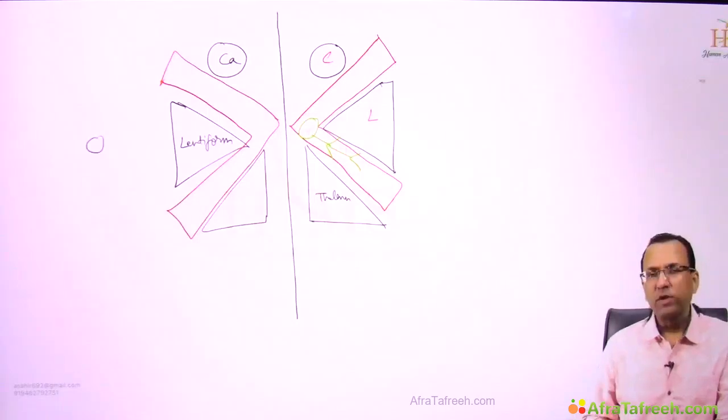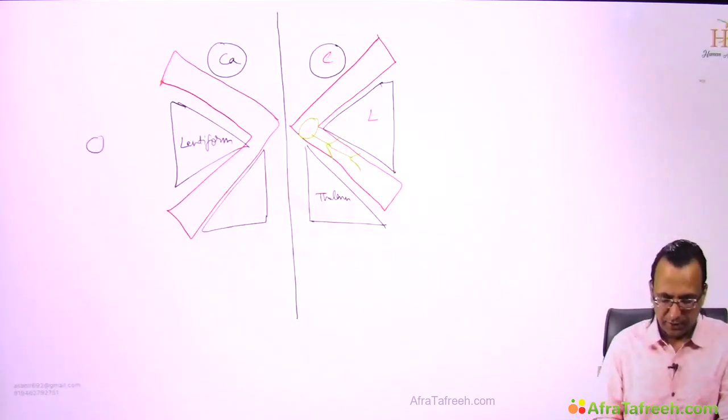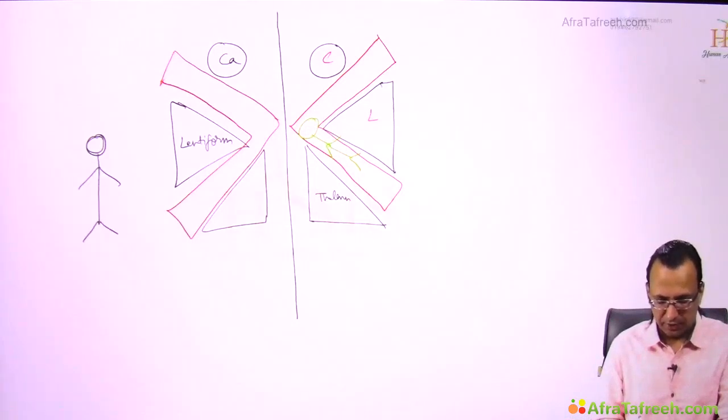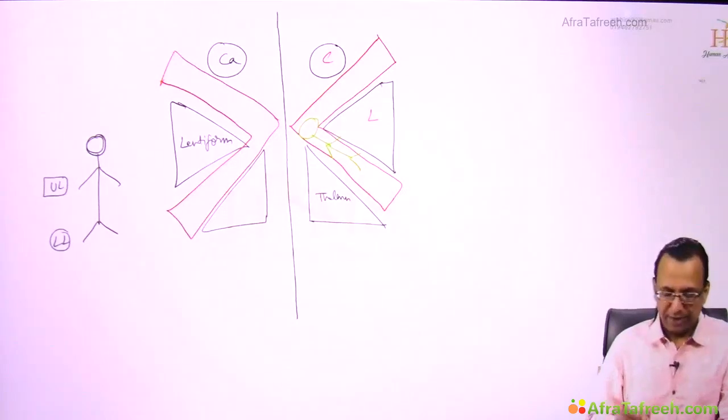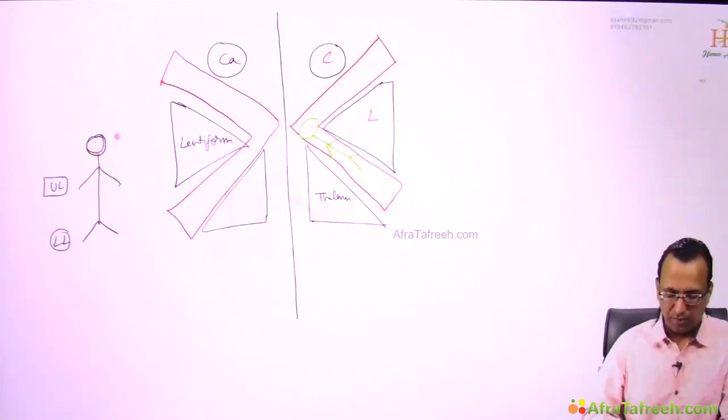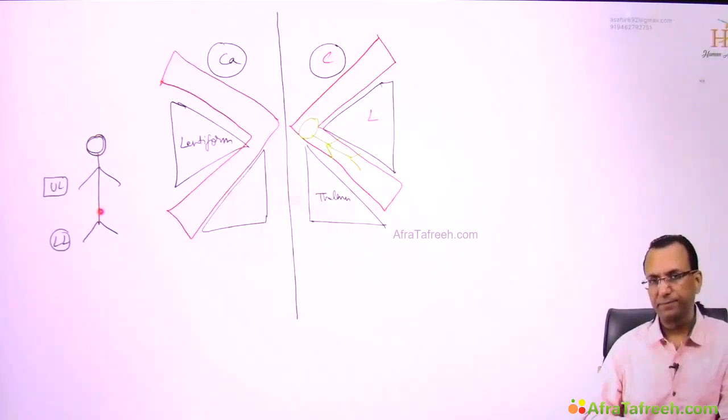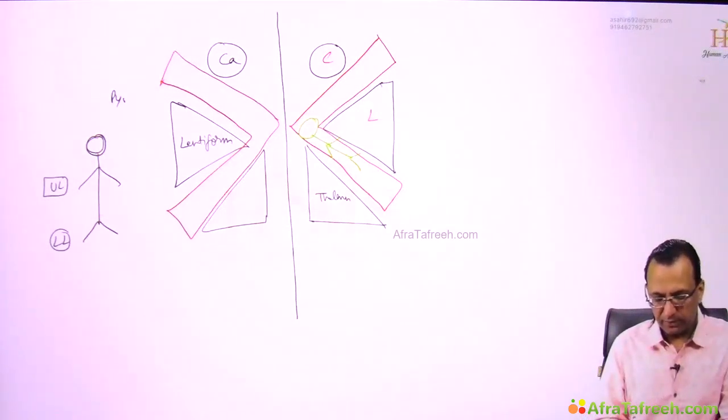When you're talking about the human body here, this is the head and this is the trunk region, upper limb, lower limb region. This is the upper limb, that is the lower limb. Understand, if I want to move the muscles, then I require the pyramidal system, and the pyramidal system has two components, the corticonuclear tract and the corticospinal tract.